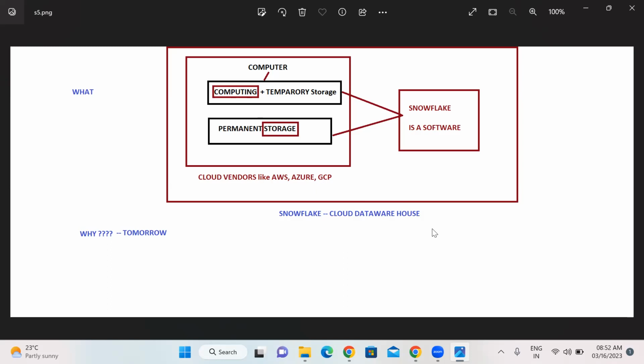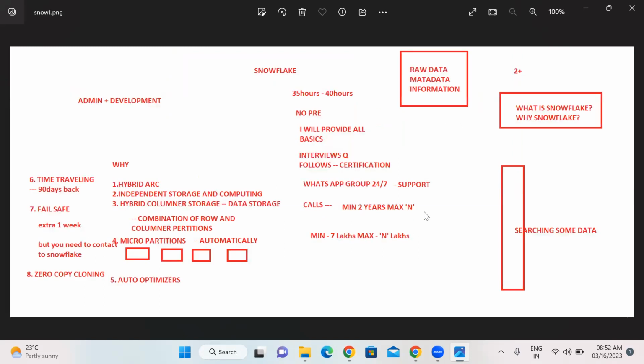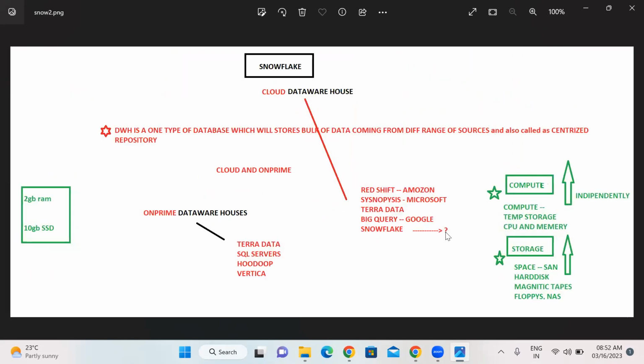Now why Snowflake? We have so many cloud vendors. For example, Amazon has Redshift, so why are they providing resources to Snowflake? That is a businessman. For example, a shopkeeper selling rice also wants to eat that rice.